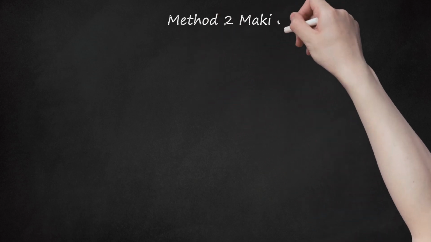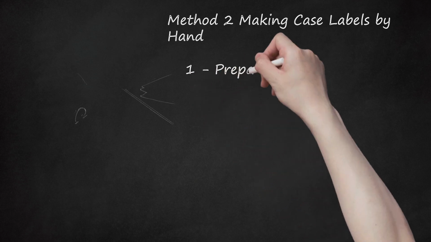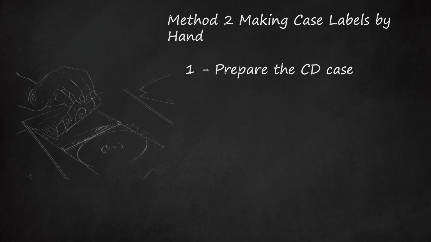Method 2. Making case labels by hand. 1. Prepare the CD case. If you just want to make a new insert for a jewel case that you already have, remove the old one, or clean up the jewel case some for the new cover. Remove stickers, fingerprints, and other markings from the case with a fine cloth and a small amount of isopropyl alcohol.